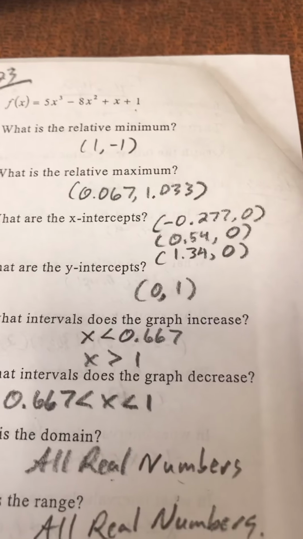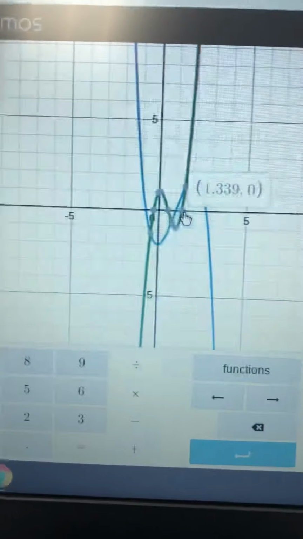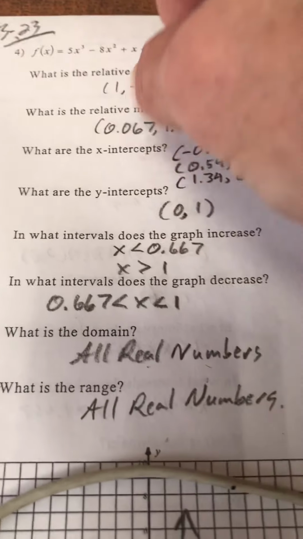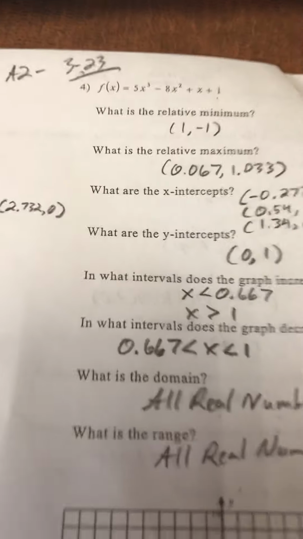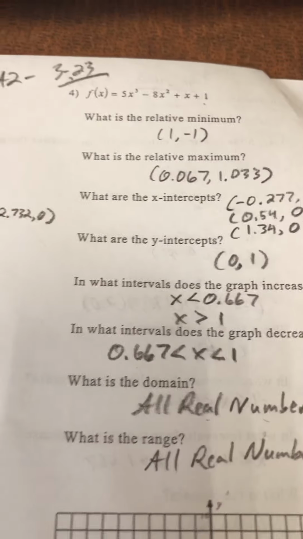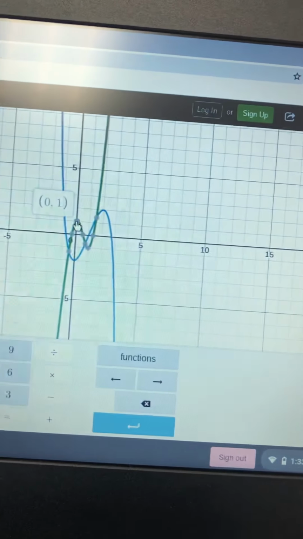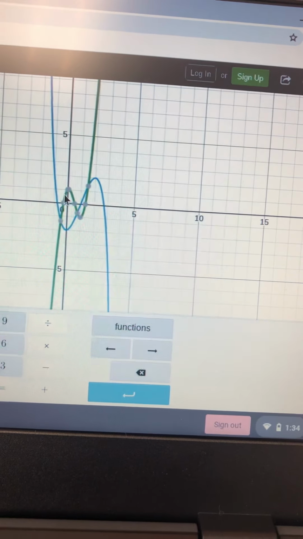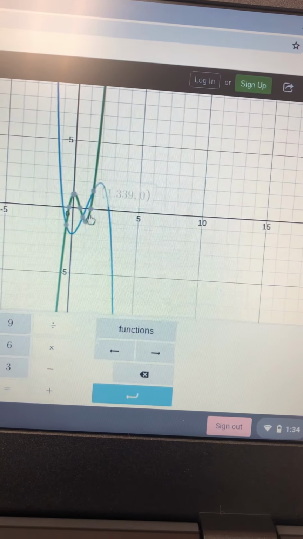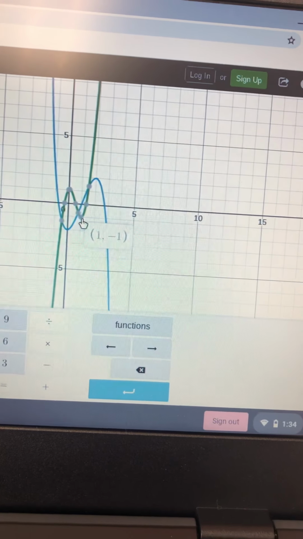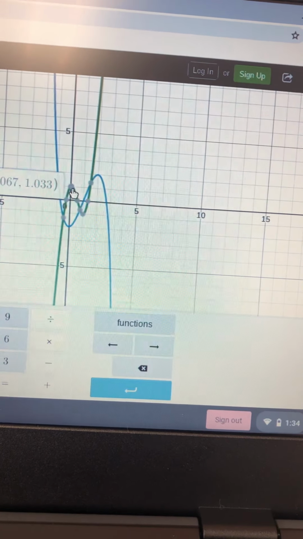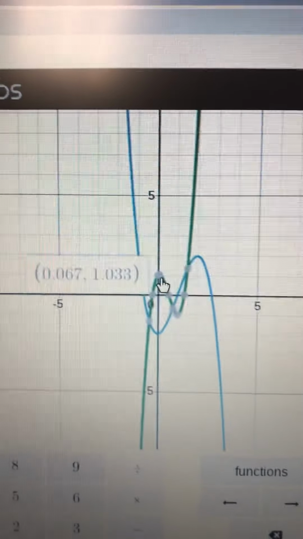We did in class. The y-intercept is right here. There's one of them, crosses the y-axis right there. Okay. And what intervals does the graph increase? So x is going to be less than this number. When x is less than this number, it's going to be increasing, that number right there, 0.06.